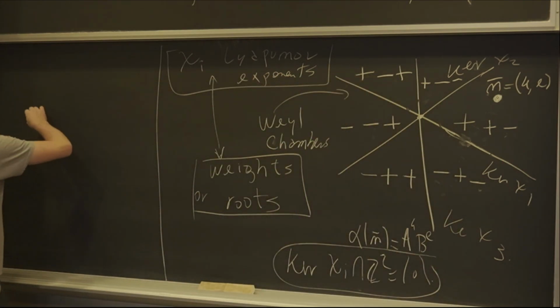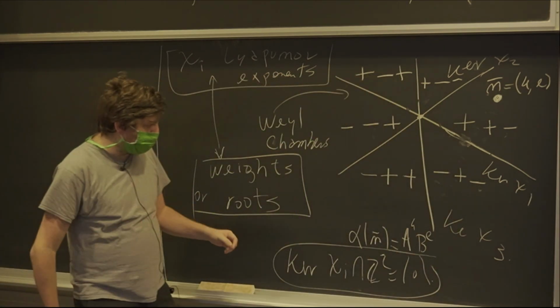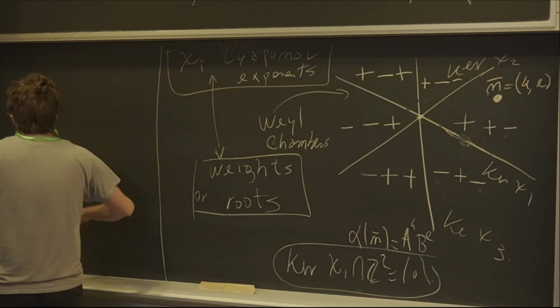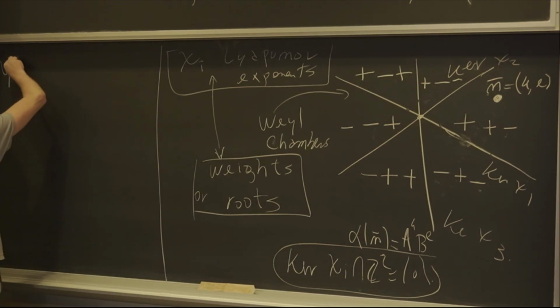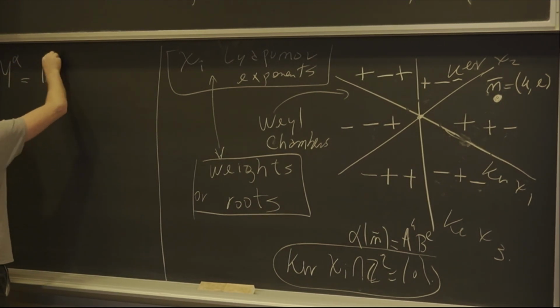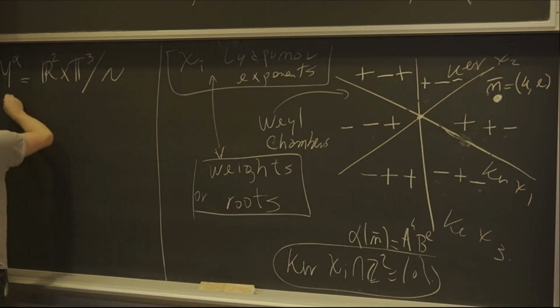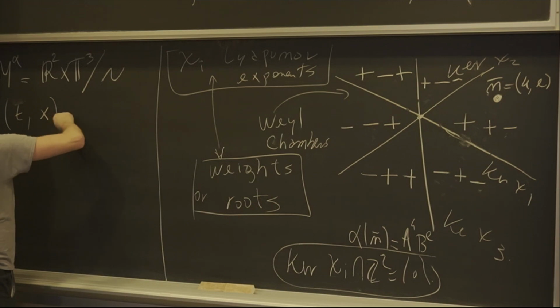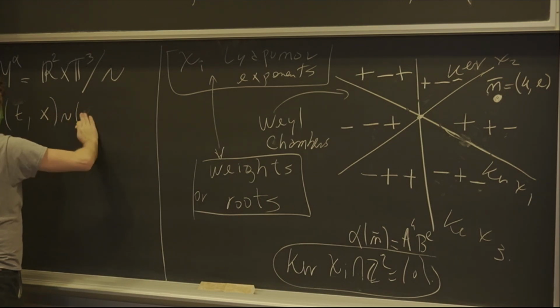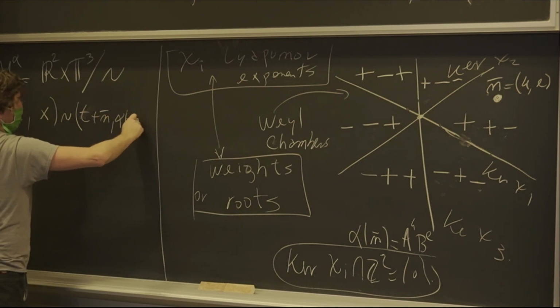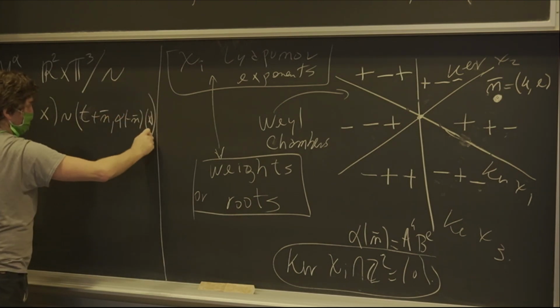Okay, so suspension first. We do our suspension. We have alpha. I already put the name alpha. Alpha of n is the Z-square action, and I'm going to call M alpha the space R2 times T3 under the relation where, as before, we take t, we take x, and we relate it with t plus n, alpha of minus n of x.